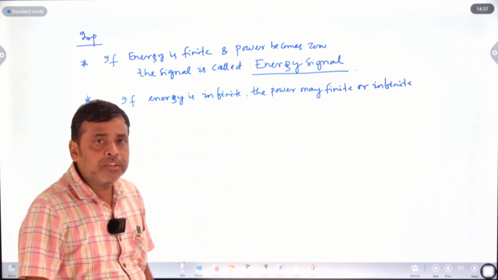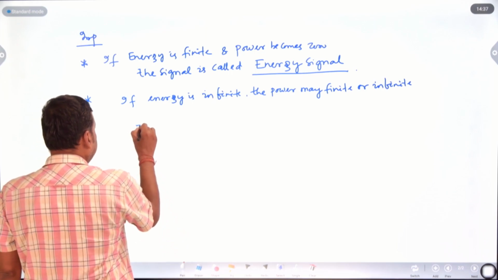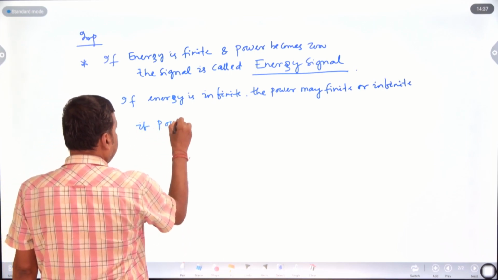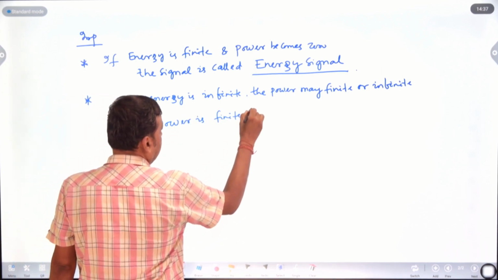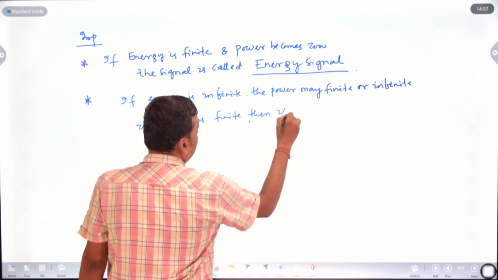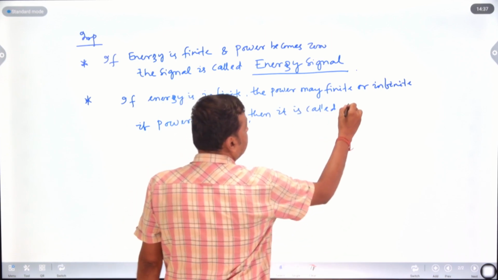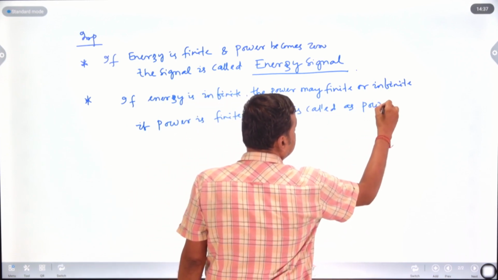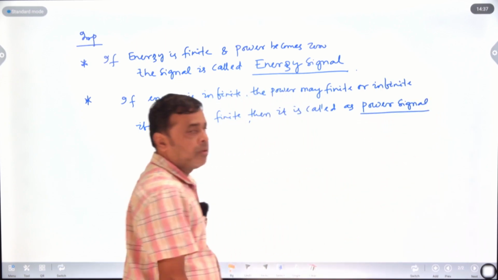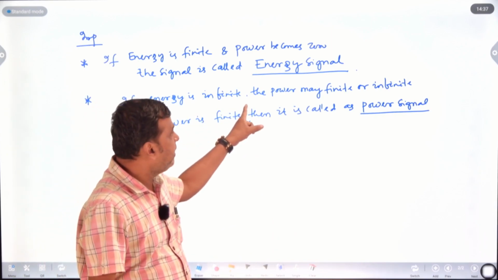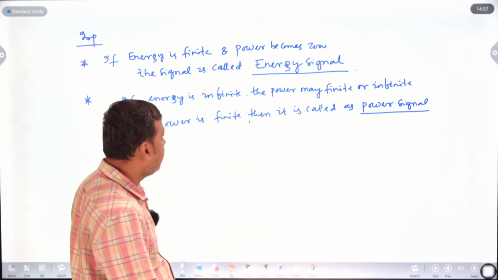If the power is finite, then it is called a power signal. If energy is infinite, the power may be finite or infinite. If the power is finite, then it is called the power signal.